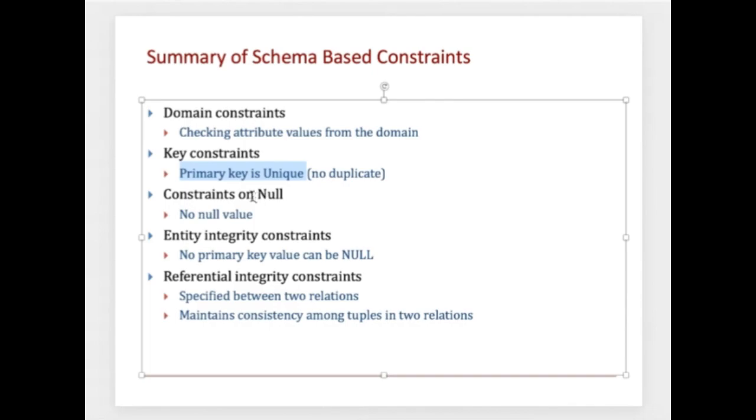In not null, you make sure that the values are existing there. It must not be absent. And in entity integrity constraint, you check that the primary key value should not be null. In referential integrity, you check the foreign key values.